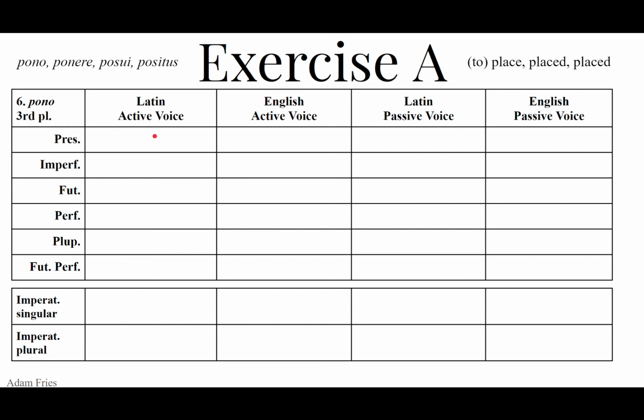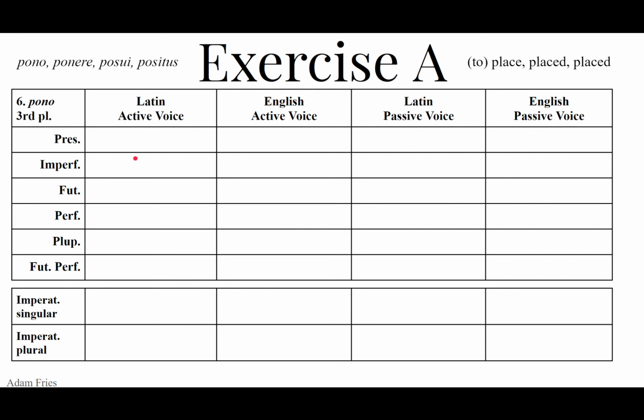This is the only time you add the U here. Ponunt, not ponent, ponunt, U-N-T, they put, they place, they are placing. The passive follows suit, only it's ponuntur, U-N-T-U-R, they are being placed, they are being set.